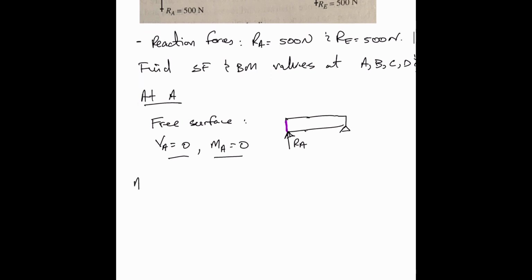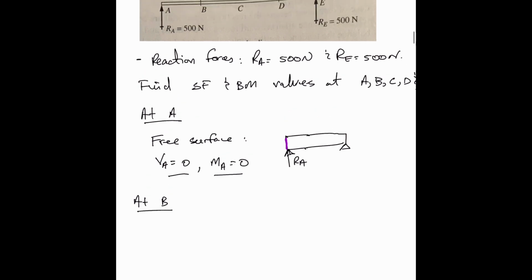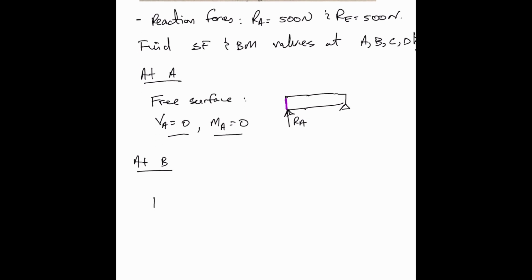The next point now is at point B. If you look at the diagram, that's here. So what we do is draw the beam from one end, so we have RA, up until point B. And we draw our shear force and bending moment directions, the positive directions.